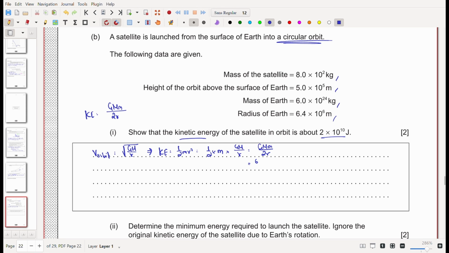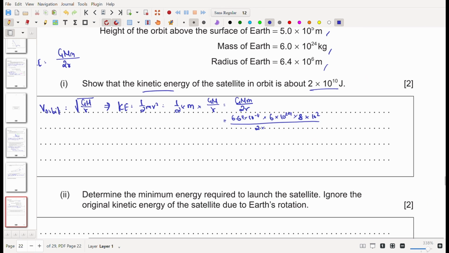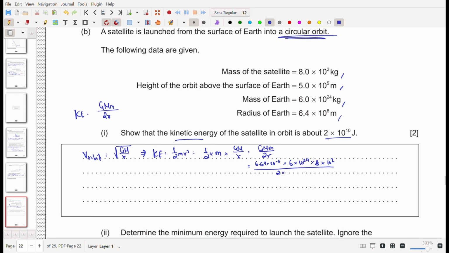Now, when we plug in our values, 6.67 into 10 power minus 11 into 6 into 10 power 24 into 8 into 10 power 2 whole divided by 2 times. Now, here's a very important part. You can't just write 6.4 into 10 power 6.